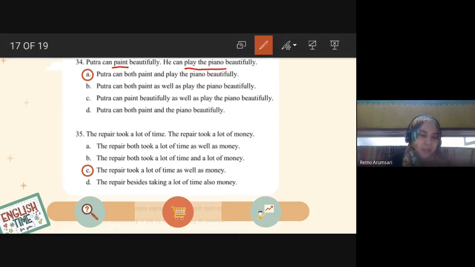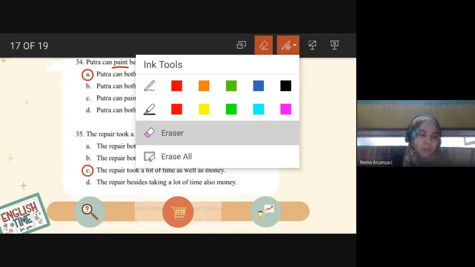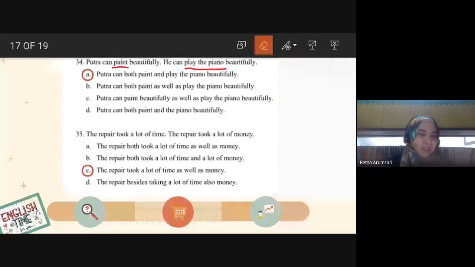The differences are time and money. So you put as well as between time and money.